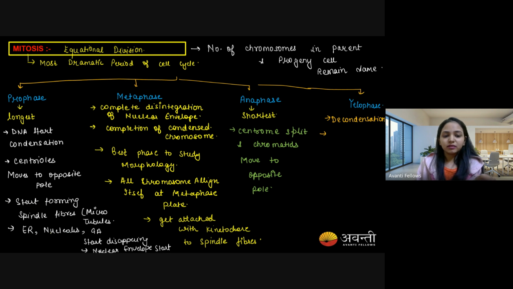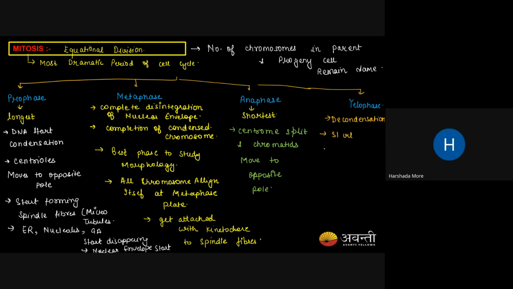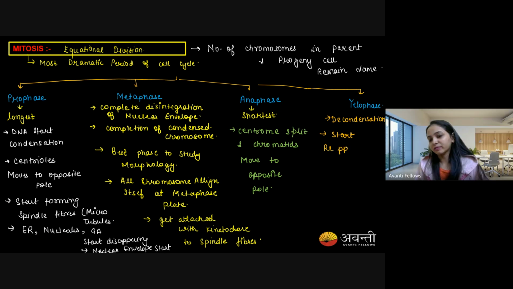Endoplasmic reticulum, nucleolus, Golgi apparatus all start reappearing. And chromosome loses its identity. Why do they lose their identity?